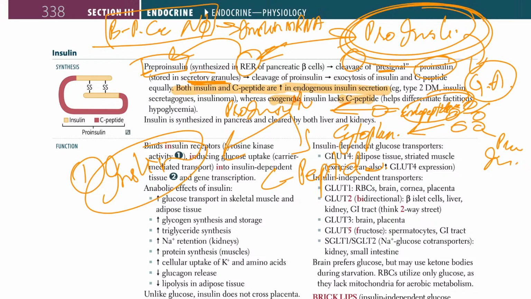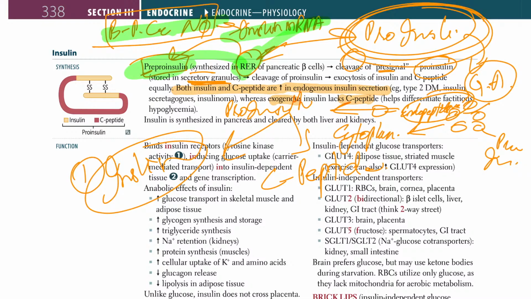So now we have a full story. Insulin synthesis: in the pancreatic beta cell, we form insulin mRNA. That insulin mRNA goes to the RER. When it goes into the RER, there is pre-proinsulin formation.